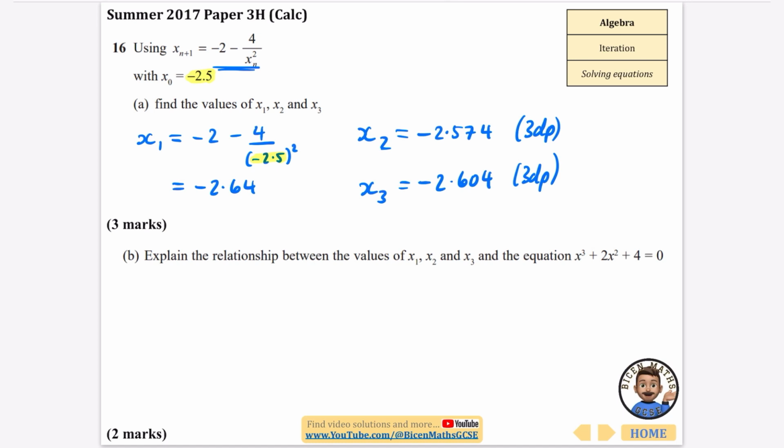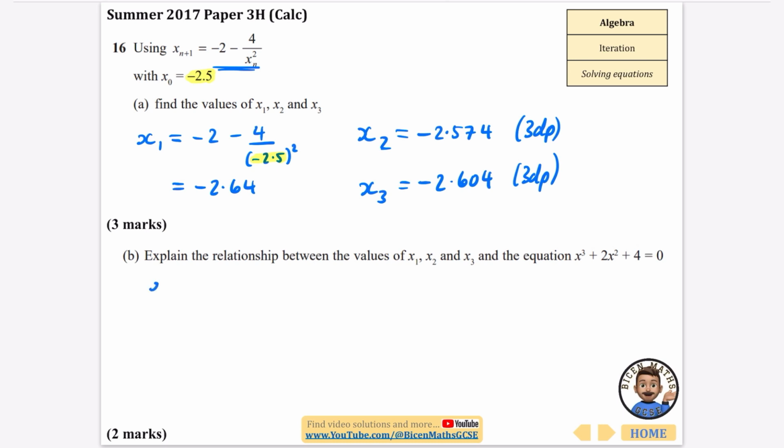It says here to explain the relationship between the values of x1, x2 and x3 and the equation x cubed plus 2x squared plus 4. So we need to try and think how this thing and this thing are related to each other. Well, this thing is a rearranged version of this, and we don't actually even need to show that.